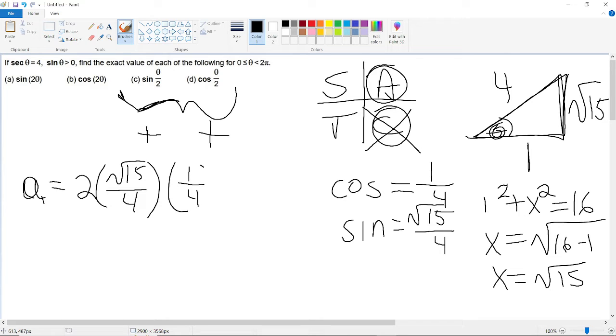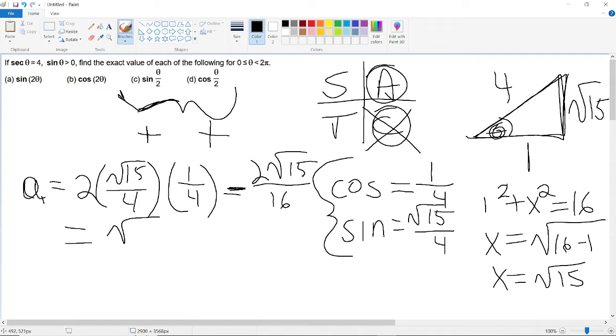The sign positive or negative of this takes care of itself, so long as you get these signs right. So you have to know what quadrant the original angle is. So 2 square root of 15, we're just multiplying, divided by 16, and that equals square root of 15 over 8. That's A, sine of 2 theta.